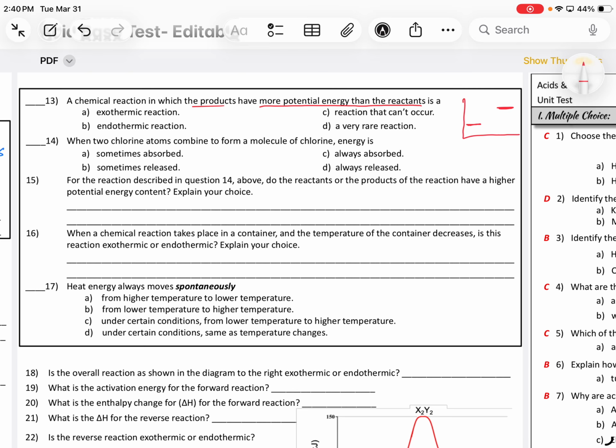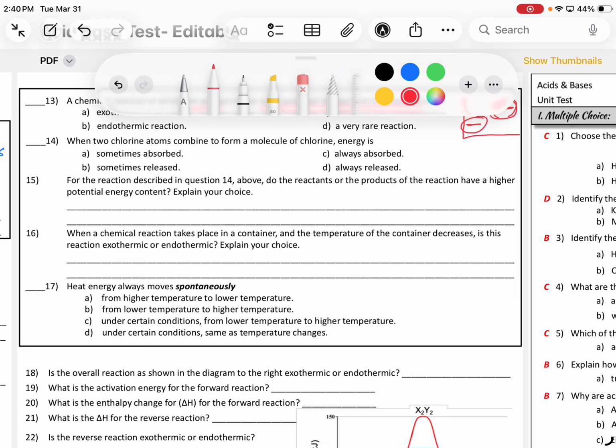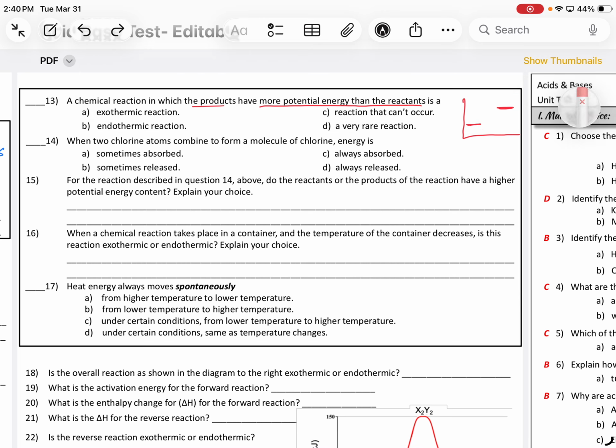Here is our potential energy diagram. Does that look like we've gained energy or lost energy? That represents a gain in energy, and if we have a gain in energy, that means it's what type of reaction? Endothermic. Energy is going into the system.